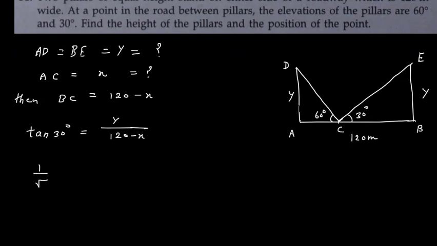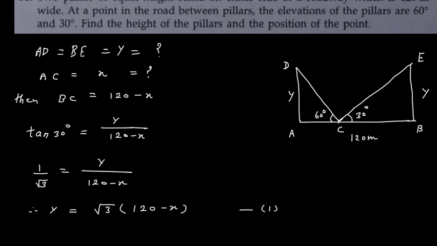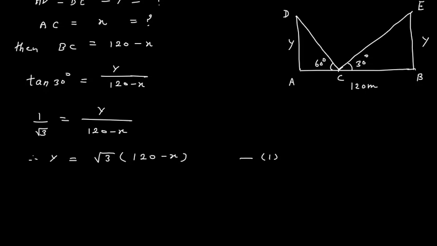So 1 upon root 3 is equal to Y divided by 120 minus X. Therefore Y is equal to root 3 into 120 minus X. Okay. This is equation 1. And then tan 60 degree. Now tan 60 degree is Y upon X.